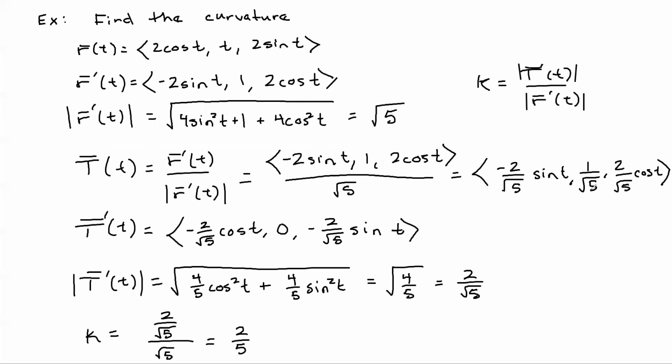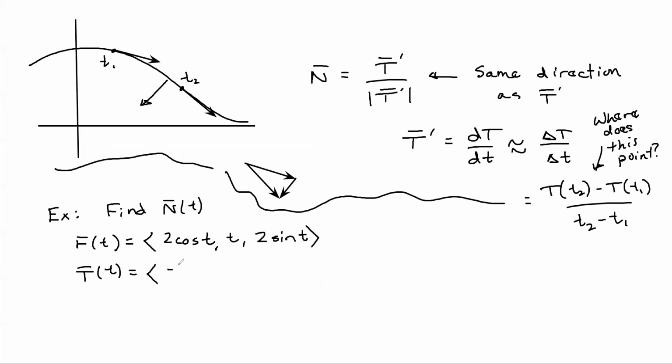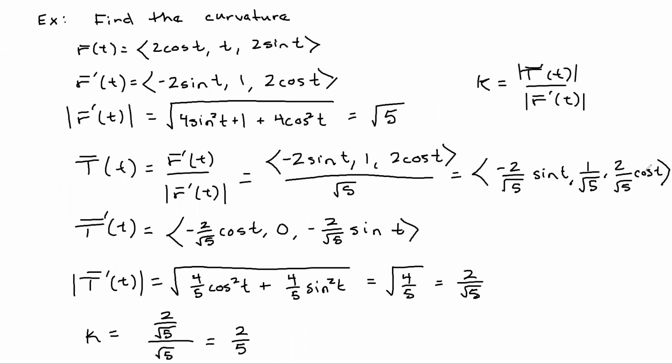It equaled this thing here: negative 2 over root 5 sine t, 1 over root 5, 2 over root 5 cosine t. Okay, that looks good.